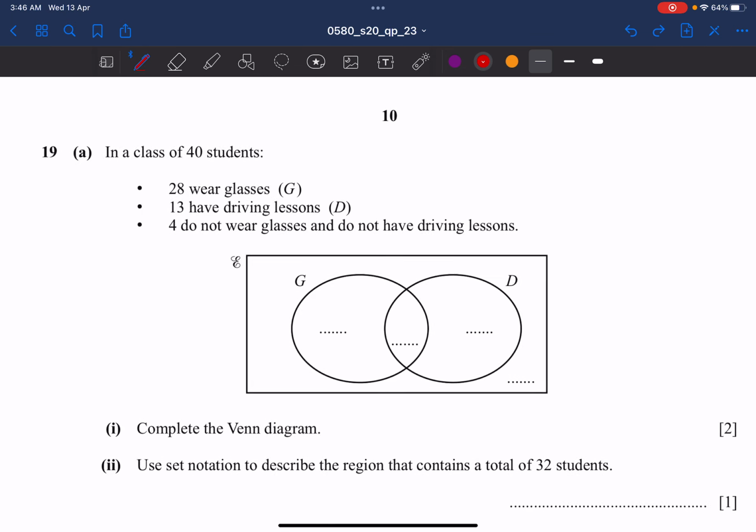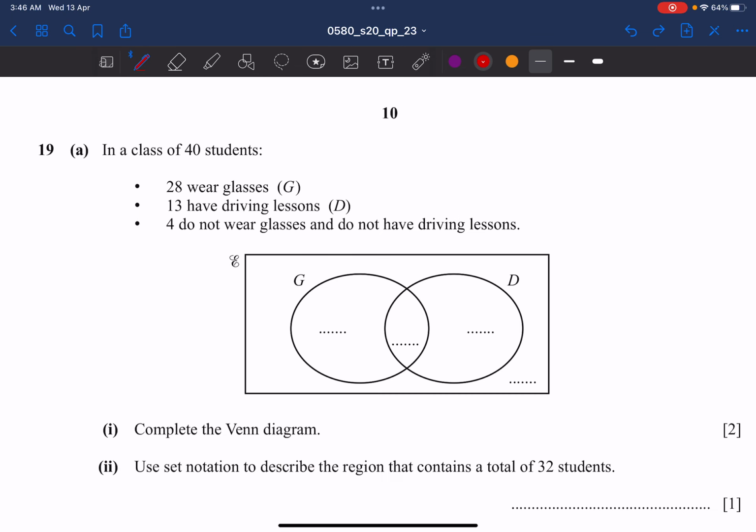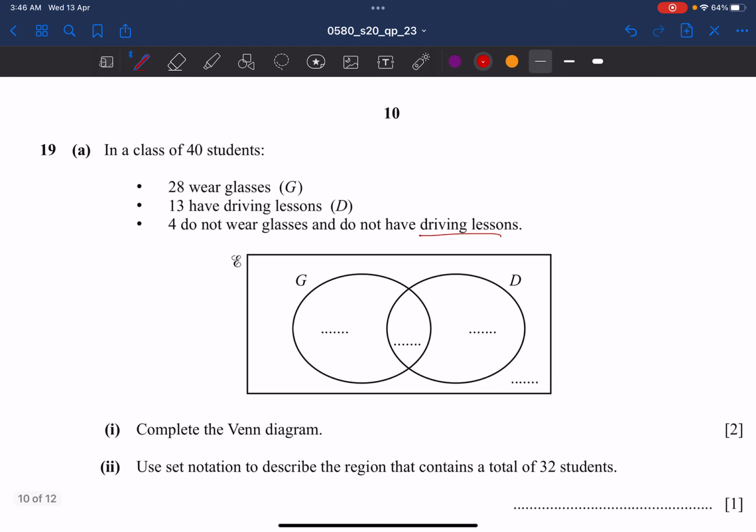In mathematics, in a class of 40 students, 28 wear glasses, 13 have driving lessons, 2 do not wear glasses and do not have driving lessons. So G is the set of the students who wear glasses.